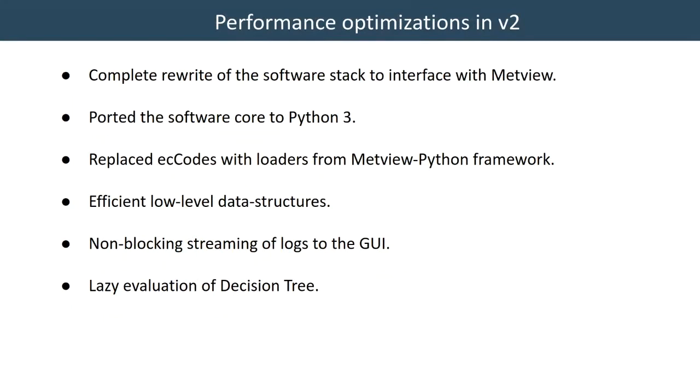And the decision tree, I managed to make it evaluate the decisions lazily. It's actually a technical term, but essentially it only evaluates the decisions, deferring it to the point where they actually need the decision computed.